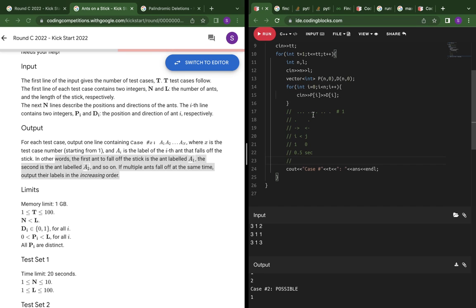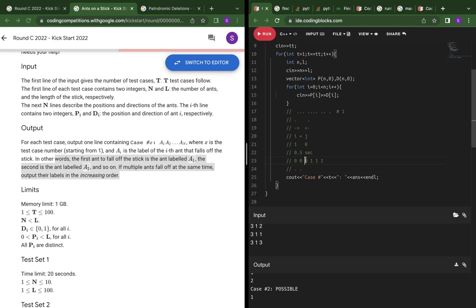And in any other case where these can be any ij, i less than j, and where this combination can be 0 0 or 0 1 or 1 1, in all of these cases the ants would not touch each other, because let's say this is moving with one velocity towards the right and this is also moving with one velocity towards the right, then they won't ever crash into each other.